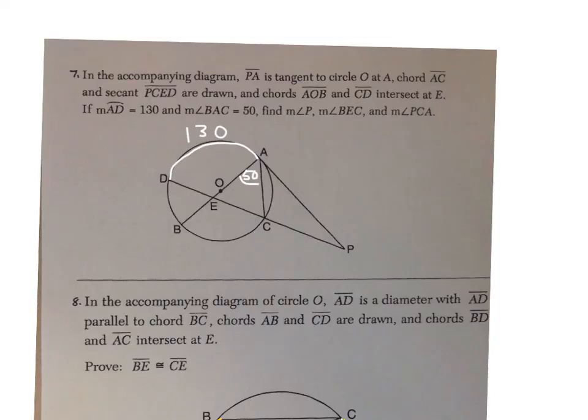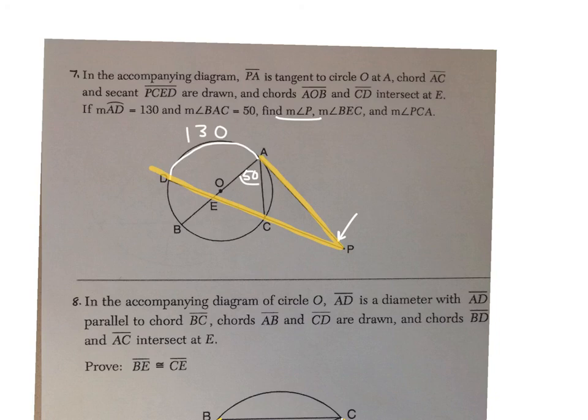Okay, moving ahead into the last couple of pages. For question number 7, I've already written down the given information, and they're looking for angle P as the very first angle that they're asking for. So keeping your attention to the type of angle that it is, it's an exterior angle.